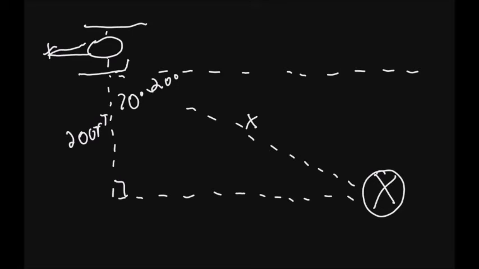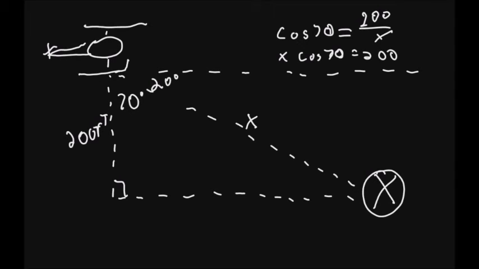So we're going to use cosine. So the cosine of 70 equals adjacent, which is 200, over x. So we multiply by x, we get x cosine of 70 equals 200, and then we're going to divide by the cosine of 70.